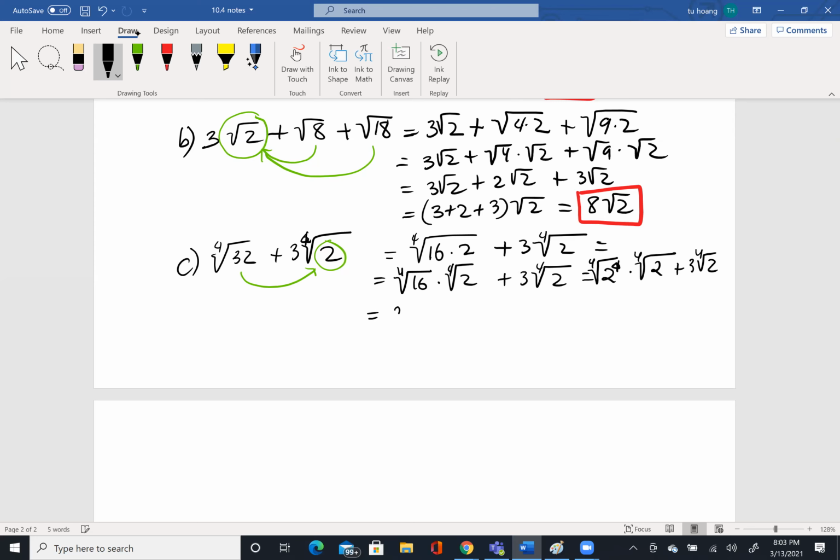And now I have 2 4th root of 2 plus 3 4th root of 2. And that gives you 2 plus 3 in parentheses 4th root of 2, right? And the answer is going to be 5 4th root of 2. That should be the answer.